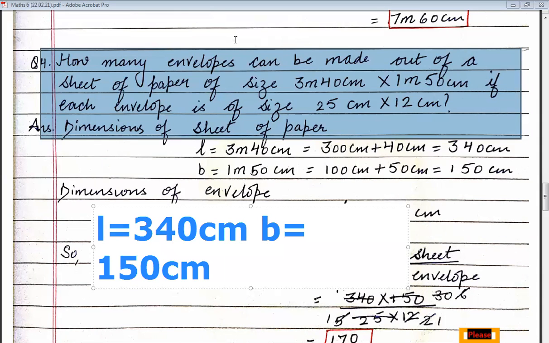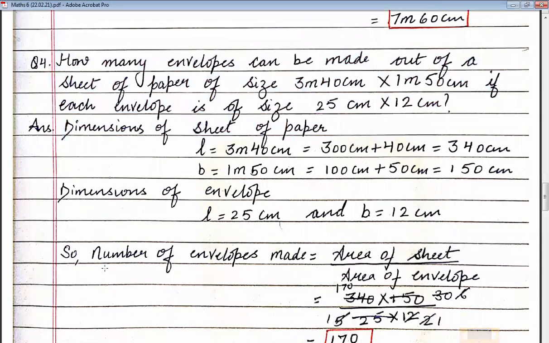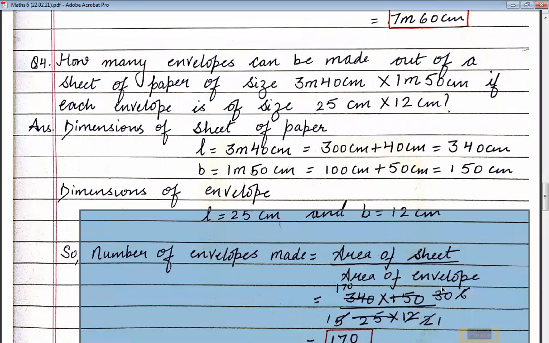So these are the dimensions of the sheet of paper, that is length and breadth. Okay, and now you have to find out how many envelopes you can make by using this sheet of paper. So the formula is very easy. Your formula is, you have to find the area of the sheet divided by the area of one envelope.